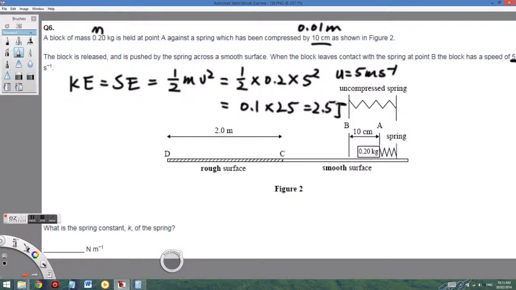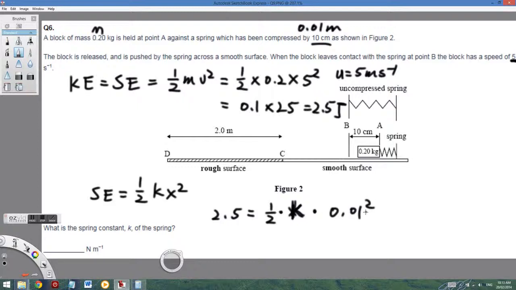So that's the spring energy. If we look at it, put it in the calculator: 2.5 is half k times the compression squared.